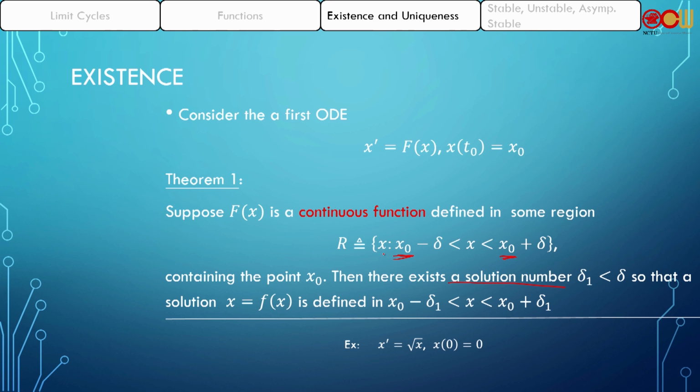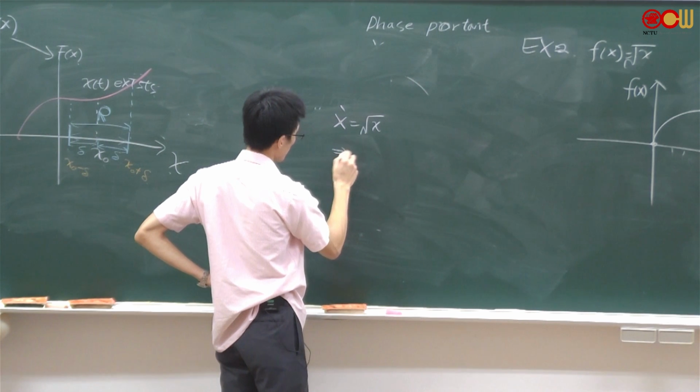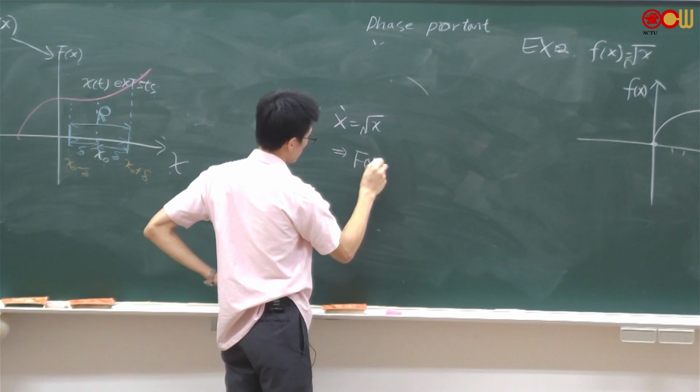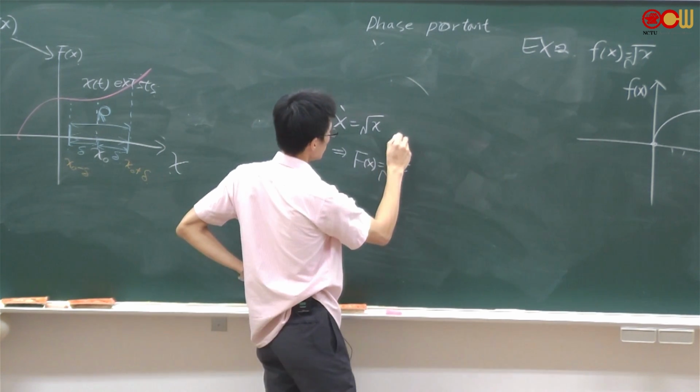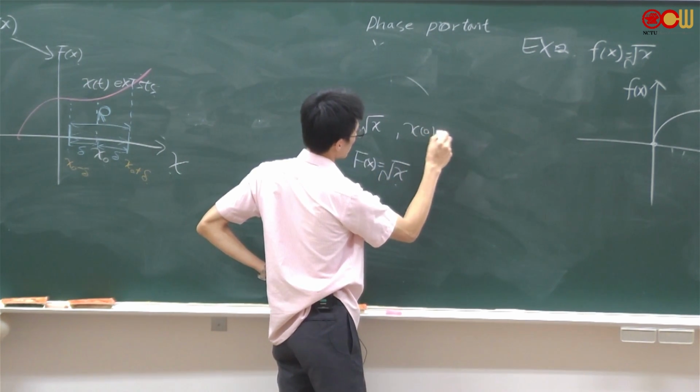For example, in this one, the derivative, the square root of x, is not continuous or not defined at 0, which implies f(x) is not defined when the initial condition is at 0.